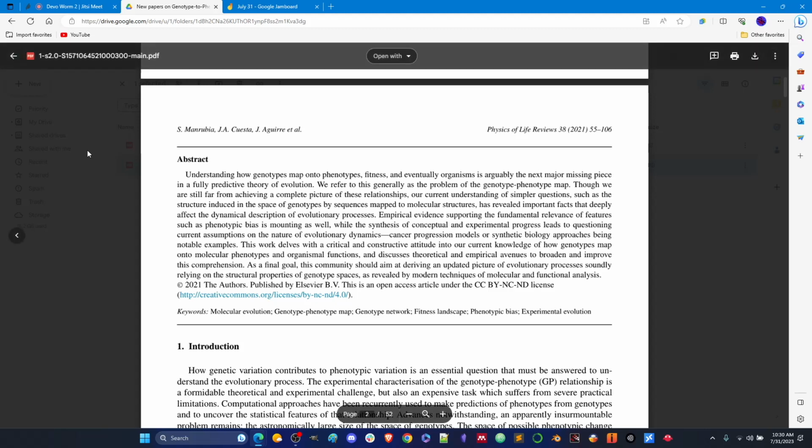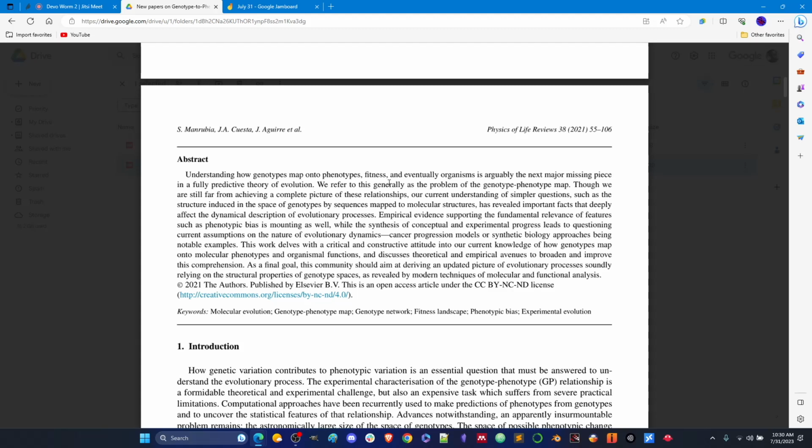The abstract reads, "Understanding how genotypes map onto phenotypes, fitness, and eventually organisms is arguably the next major missing piece in a fully predictive theory of evolution." So these people are taking the extended synthesis approach to evolutionary theory, but in general the notion of fitness is quite controversial in terms of how it is measured and how it's heritable.